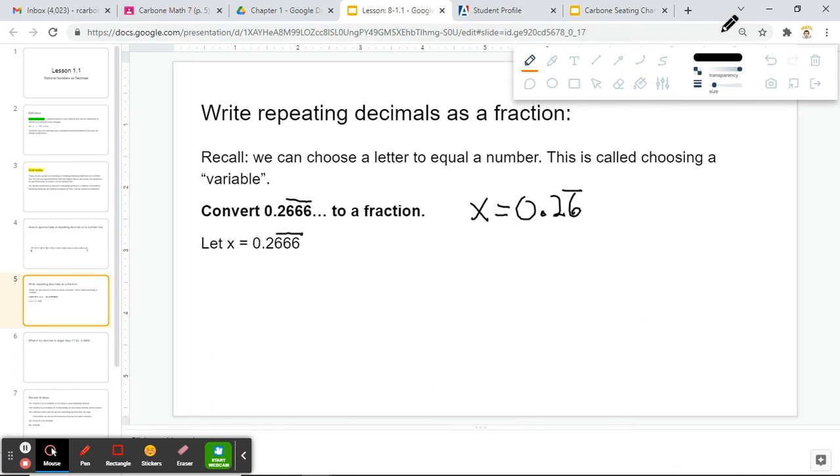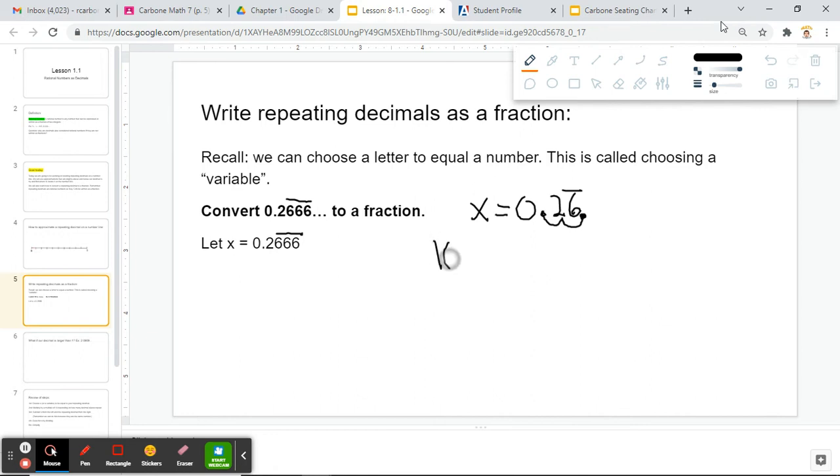Okay, so the way we have to convert this decimal into a fraction is by doing a little bit of algebra. We want to start off by multiplying both sides of our equation by however many repeating spots we have here, or however many decimal spots we have. So here we have 2 decimal spots, so I want to multiply by 100 because 100 has 2 zeros.